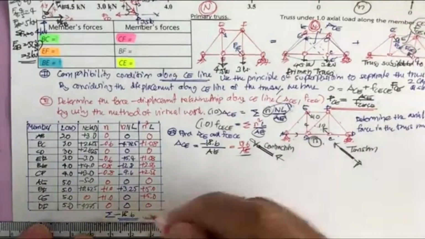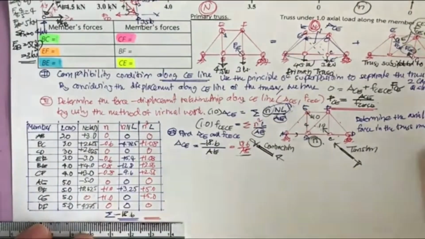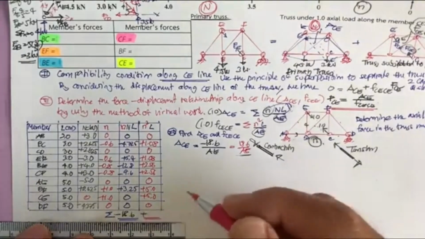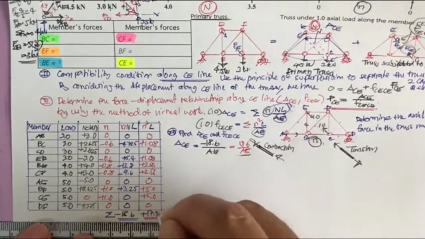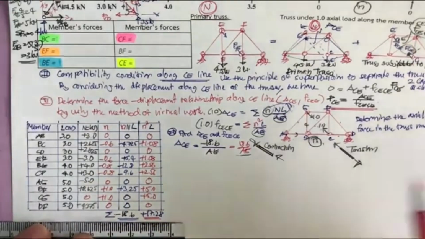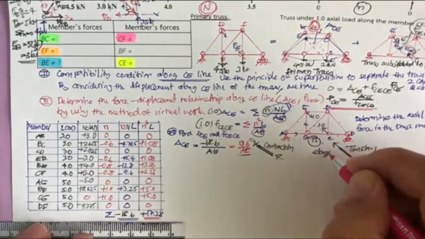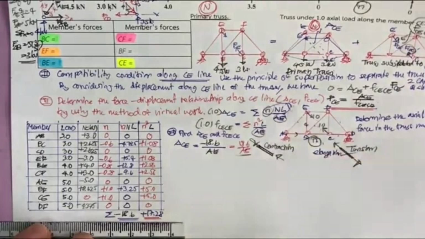You have this for plus 17.28. This is plus, so it's going to be an elongation because it's in tension, right?